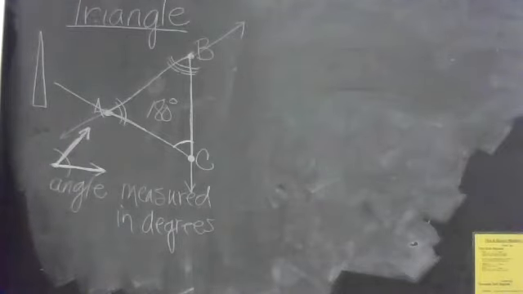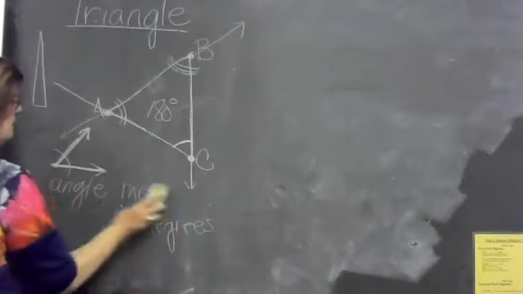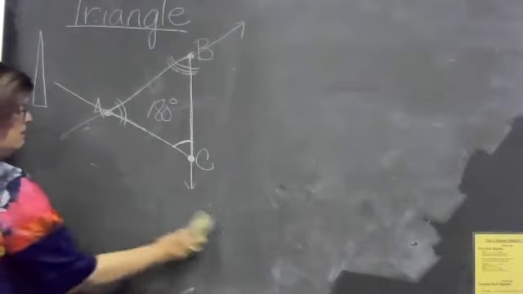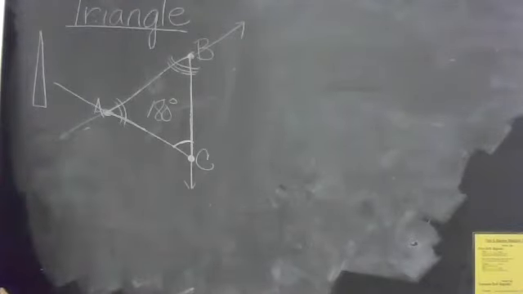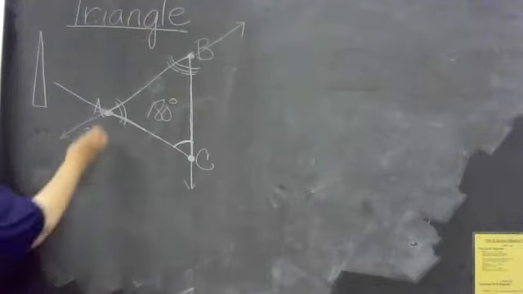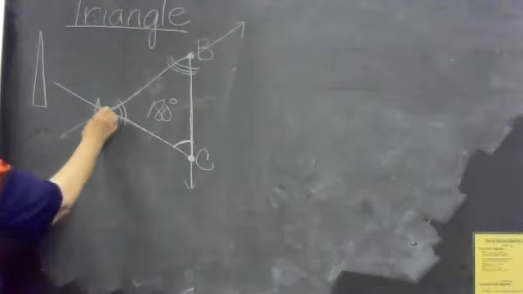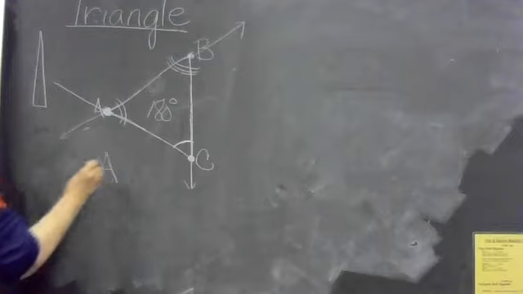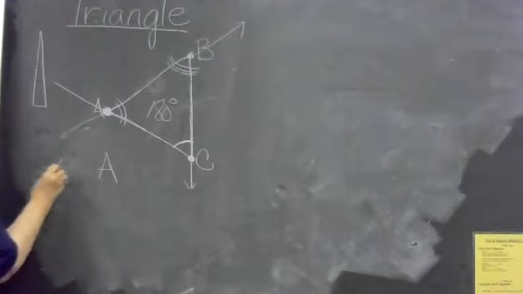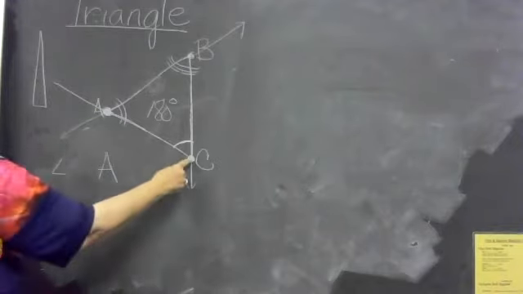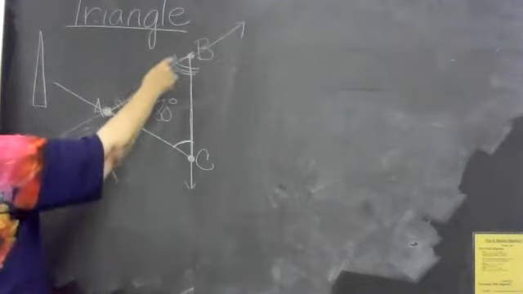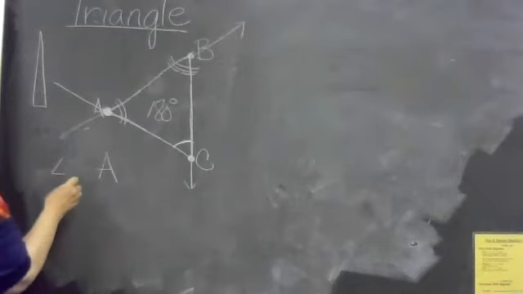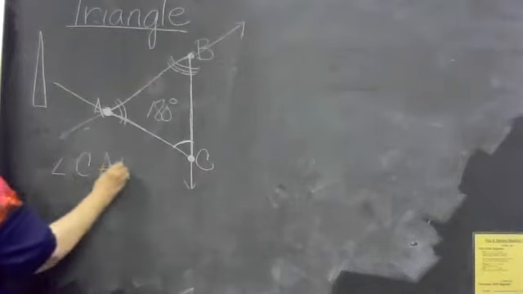So when we name an angle, we name it like this. Let's name angle A so there's no confusion. What we do is make sure that the endpoint we're talking about, A, is in the middle. Then this is the symbol for angle, and then you name the points that it goes through. So it could be angle CAB.